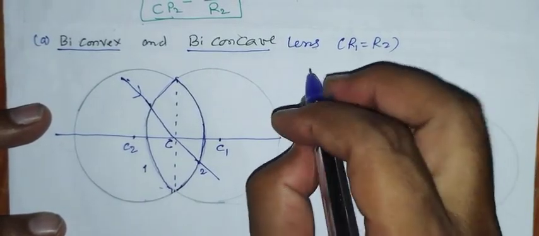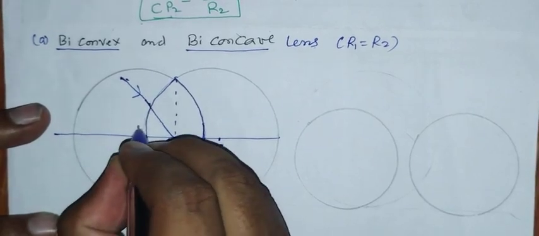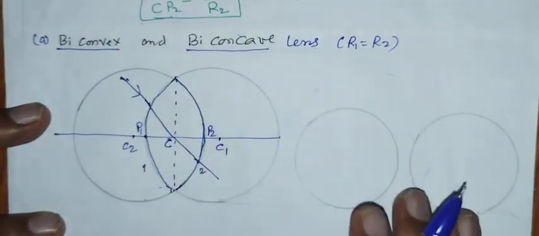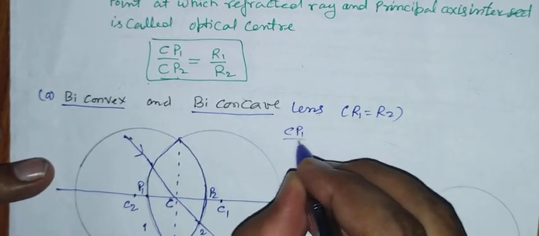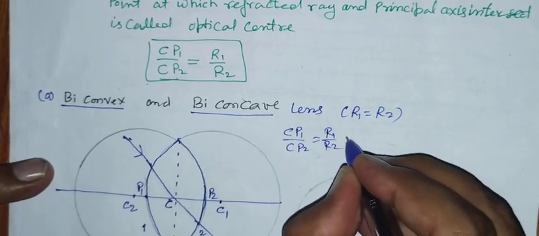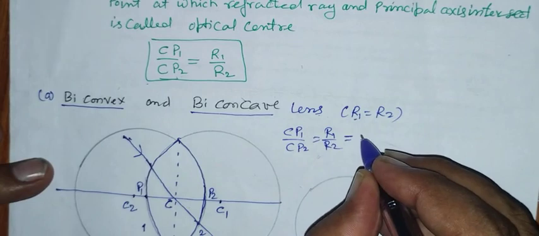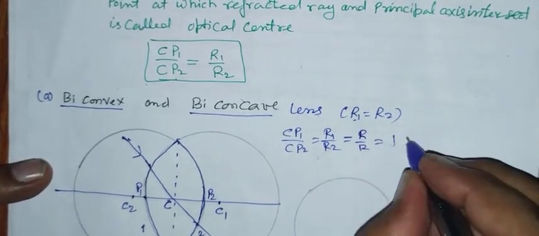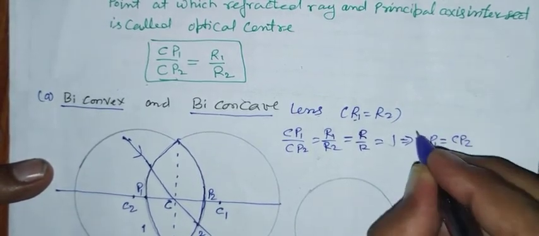In that condition, this point is called P1, P2, and the formula which holds here is CP1 by CP2 is equal to R1 by R2. Since R1 and R2 are equal, it means that R by R is equal to 1. This implies that CP1 is equal to CP2.